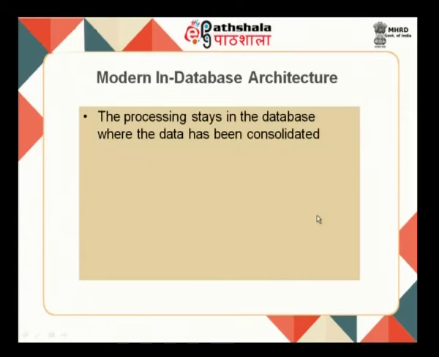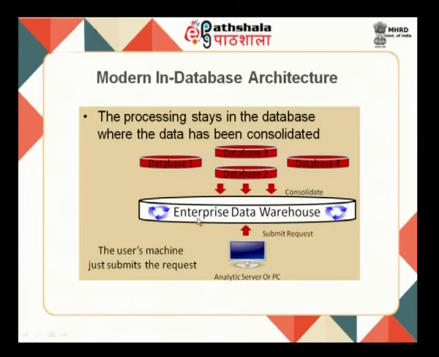In modern database architectures, what actually happens is, though data are available in different data sources, the data are pulled from such sources, then processing happens, and then all these data are integrated and the final quality data will be held in a consolidated fashion in some common storage. For example, it can be an enterprise wide data warehouse.